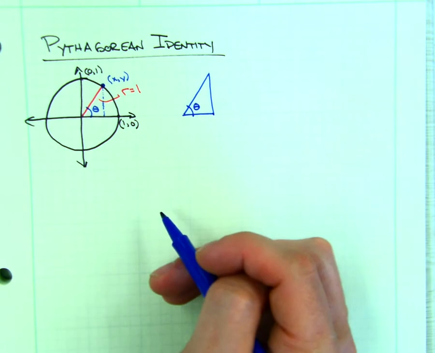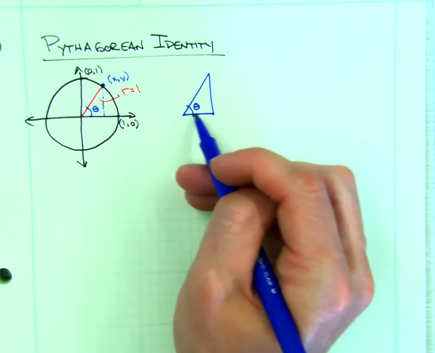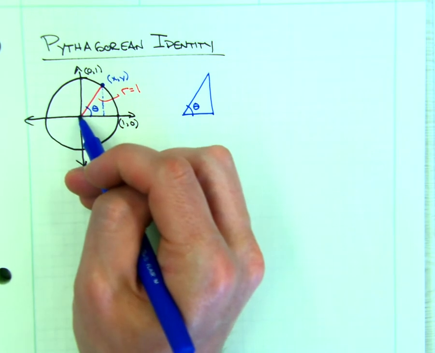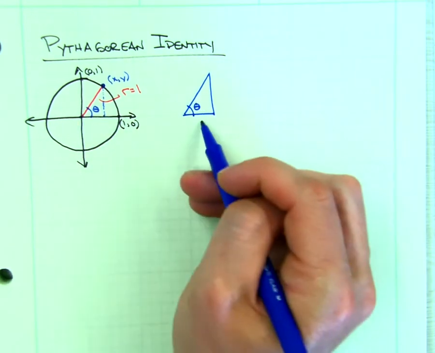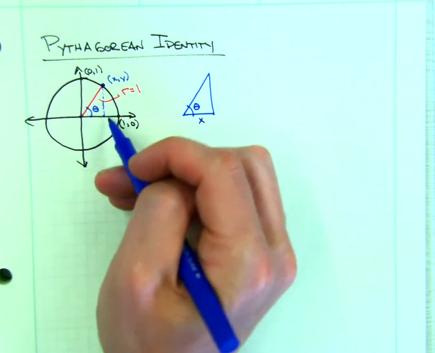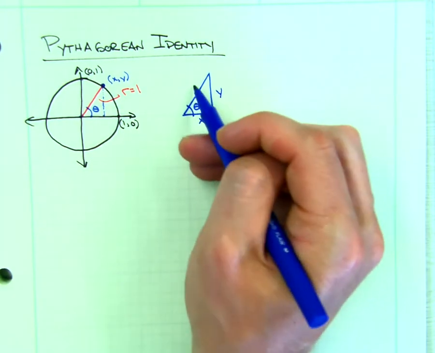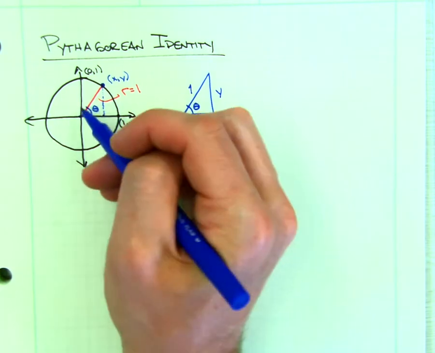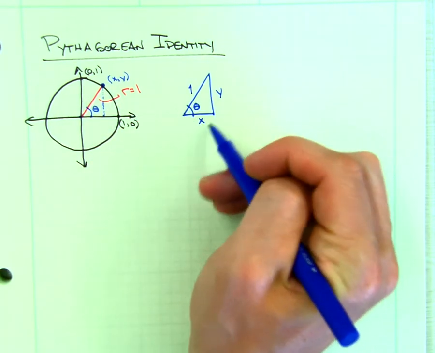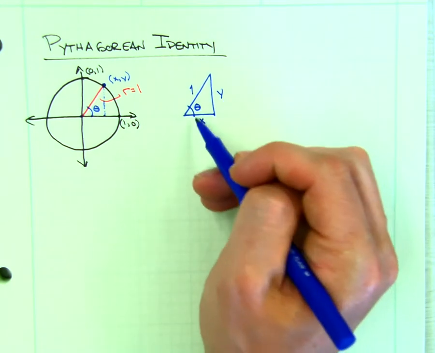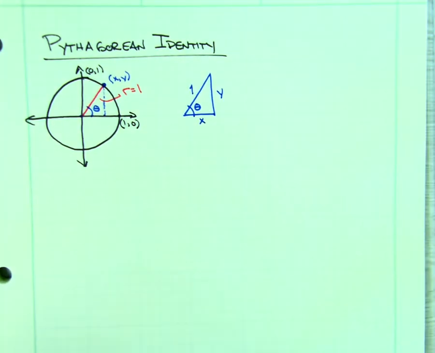Here I've got theta. My base is equal to x, because I'm starting at the origin and going out this distance, which is x, and then going up this distance, which is y. And this is 1, that's my radius. So I've taken the unit circle and broken it up into what the coordinates are, based off of this angle, theta.